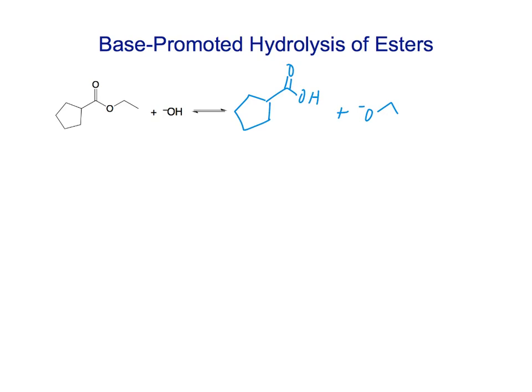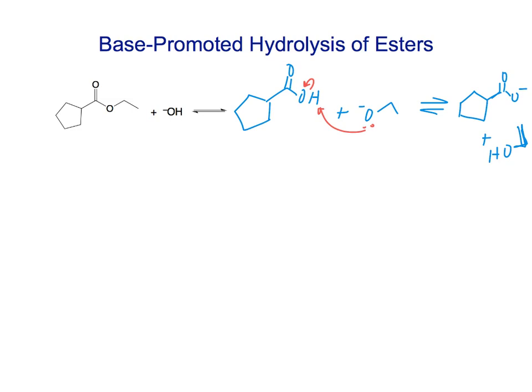Okay, because ethoxide is a strong base. So this is going to pull off this proton. And it's going to go to the carboxylate anion plus the alcohol. All right. So that's the end of the reaction.